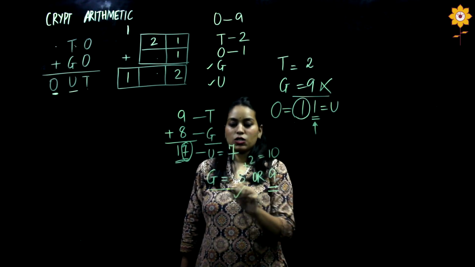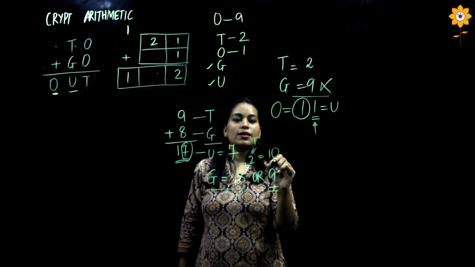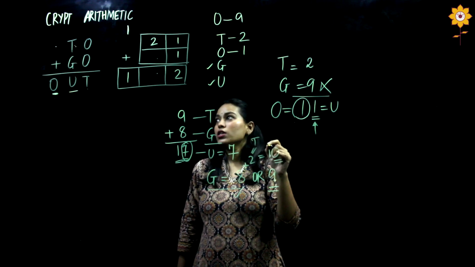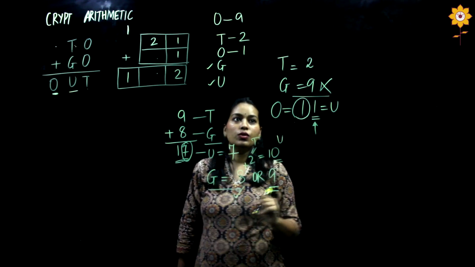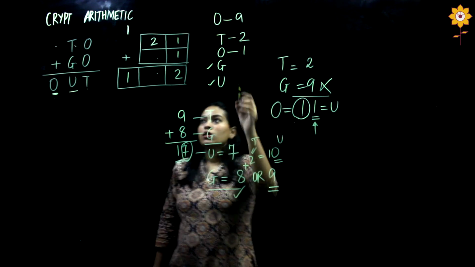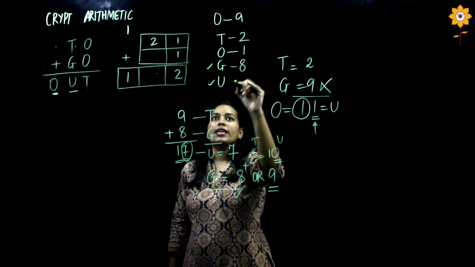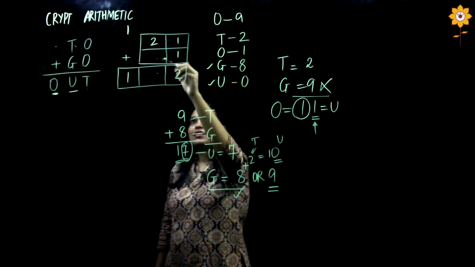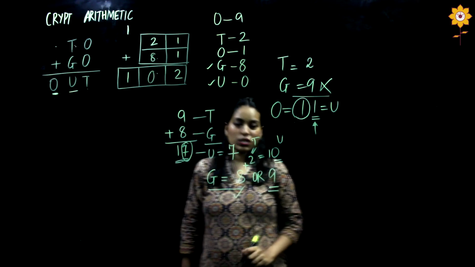So 8 is G, 2 is T, and 0 is the value of U. We will just update it over here. G got the value 8 and U got the value 0. So this is the solution that we got.